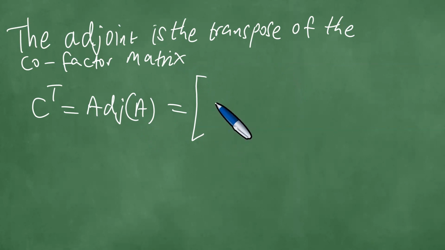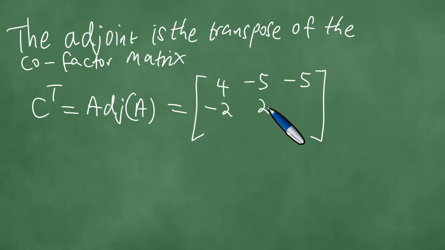Right, the transpose is going to be exactly 4, minus 5, minus 5, minus 2, 2, 2, minus 26, 31, 29, like so.